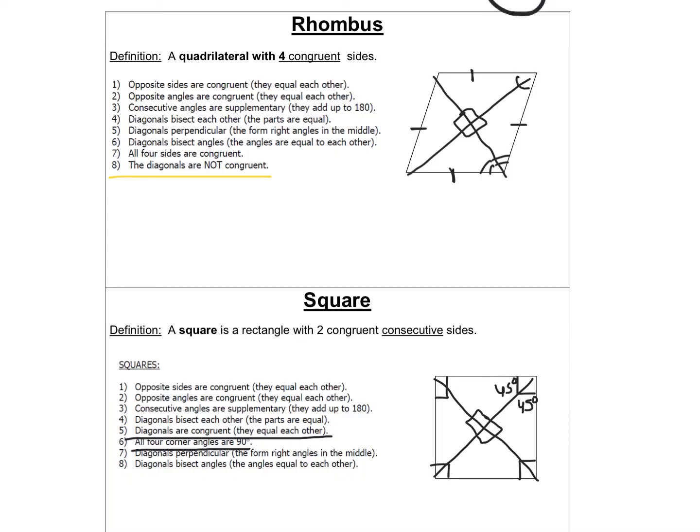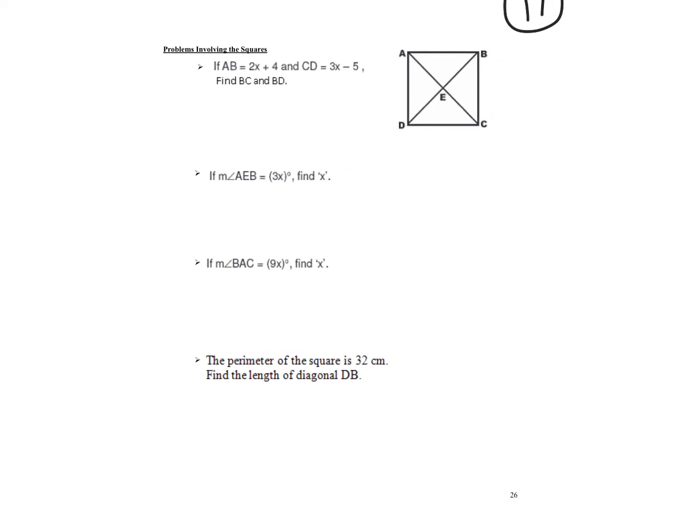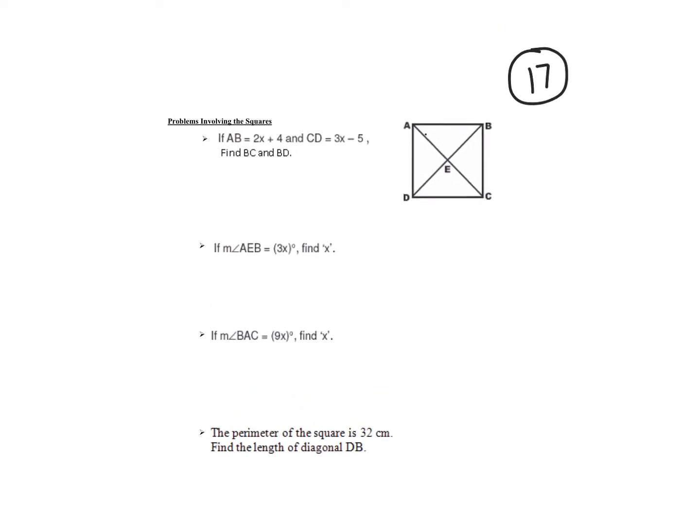Since we know each corner is 90 degrees, when we have a diagonal, each part of that is going to be 45 degrees. So if we go to the next page, we're going to start by going over some examples with the square. All of these notes should be copied down into your notes as well.